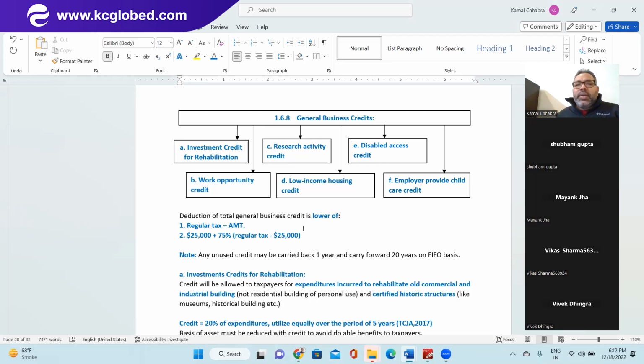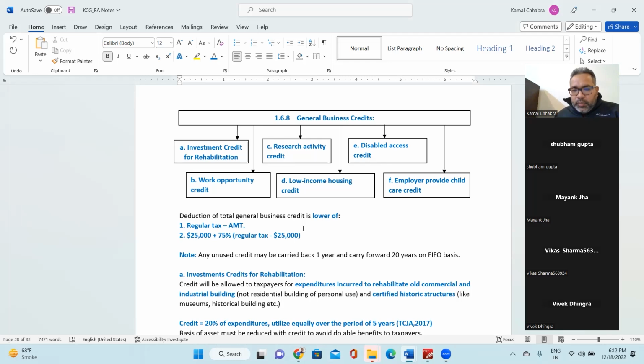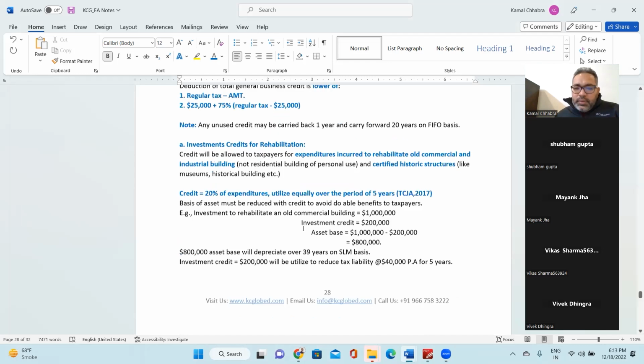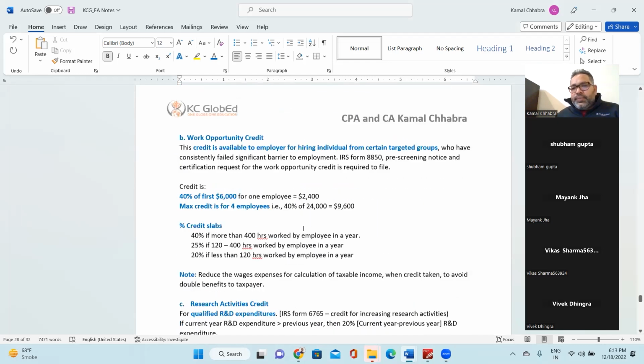Low income housing credit is when you spend to construct housing for the lower income group. Disabled access credit is when you make constructional changes to make it easy for disabled people to come and work in your organization. Next is employer-provided childcare services, when the employer creates a separate facility where employees can put their kids to play, and they have facilities to take care of their kids, right?